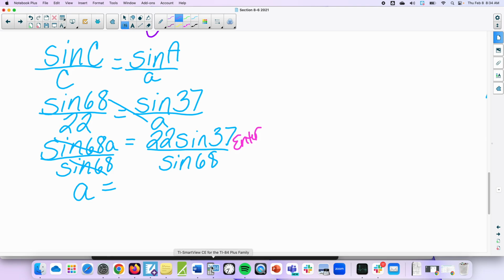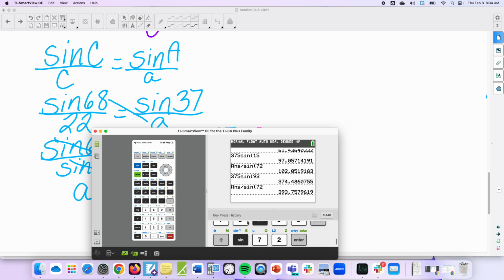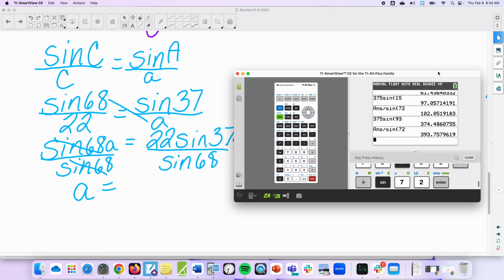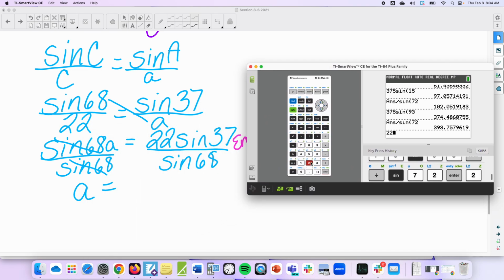And when I go to punch that into my calculator, if I go 22 sine 37 enter divided by sine 68, did you guys get 14.28?